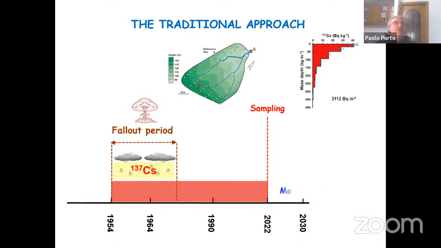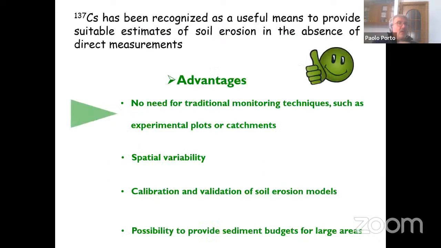So that means that we don't know exactly what was the temporal fluctuation of soil erosion, because we have just a mean erosion rate.